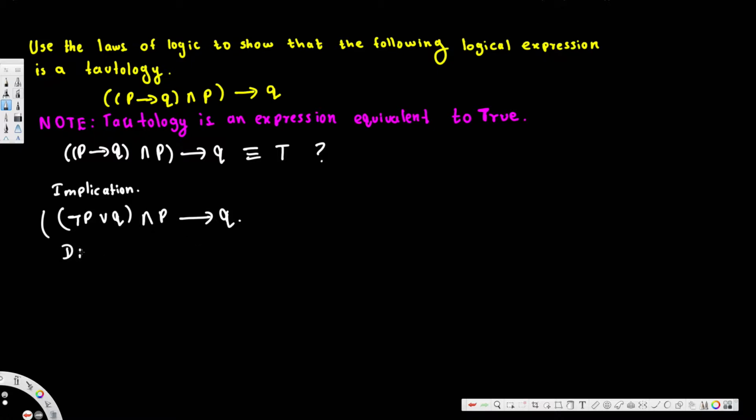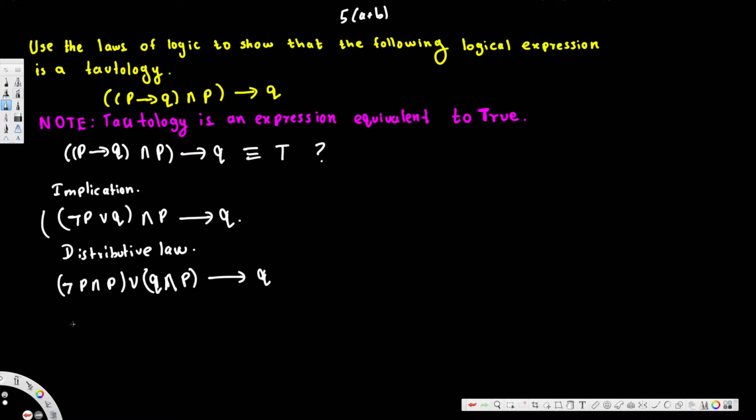Distributive law says, for example, if you have 5(a plus b), you can write it as 5a plus 5b. Same thing right here. So when you have this one, you can write it as not P and P, and also the or will come in the middle, and you will have Q and P, and that implies Q.